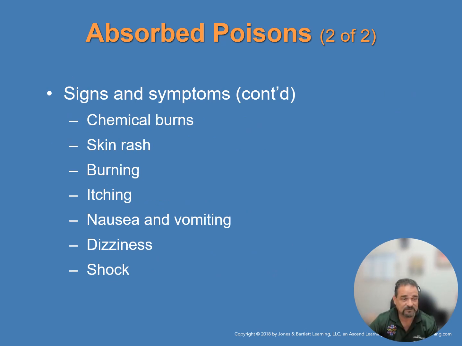Other signs and symptoms of chemical burns: you can see blistering, you can see what we call sloughing of the skin. It's kind of like the skin peels, beginning to separate from itself. You may also see redness or a skin rash. Burning, the patient complains, oh my God, this burns. And it itches like crazy, with nausea, vomiting, dizziness, and shock.